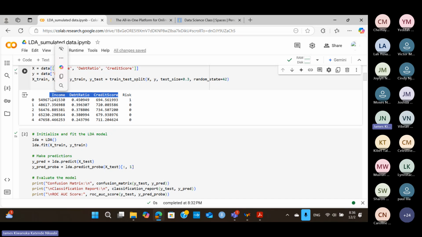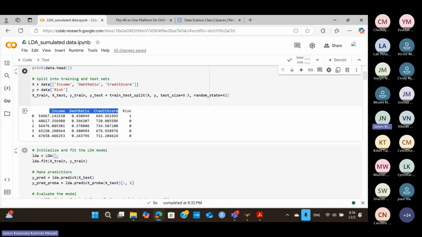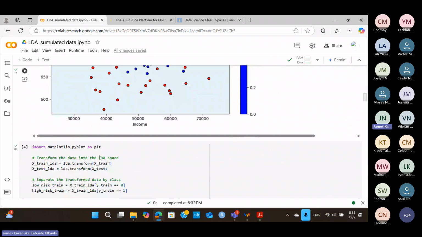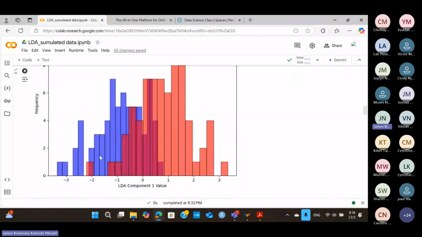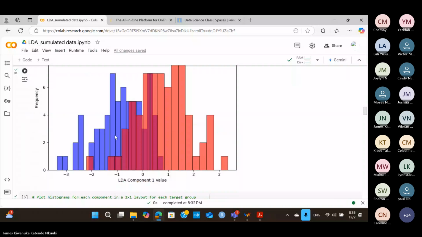I can share one where you can attempt to apply the same and see how well it does the classification, and probably do these histograms to see how good the separation is.